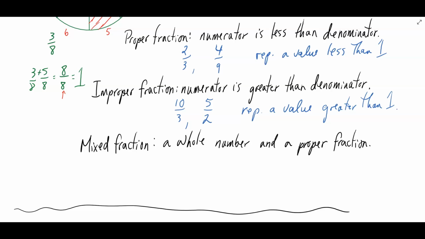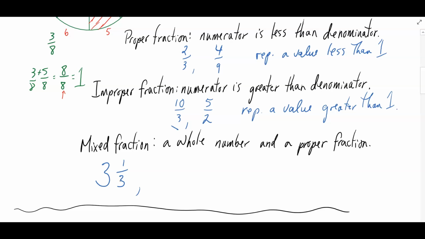So in order to convert that, I would ask myself, how many times does 3 go into 10? So 3 goes into 10, 3 whole times, right? So 3 times 3 is 9, and there is 1 left over from 9 to 10, so there is 1/3 left over. See if you can do the same thing with 5/2.